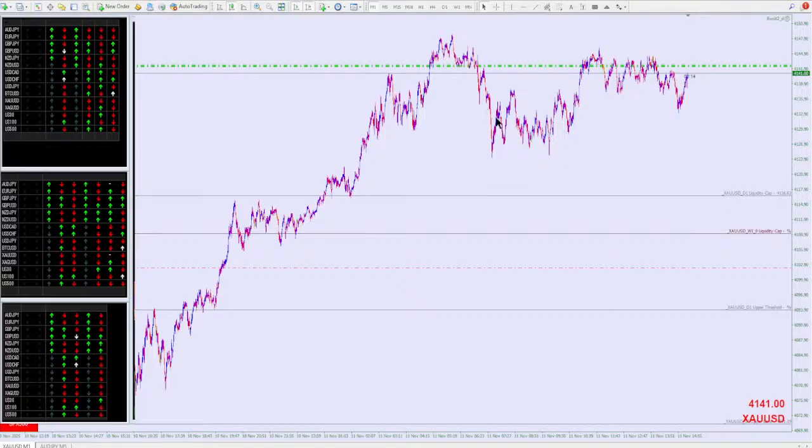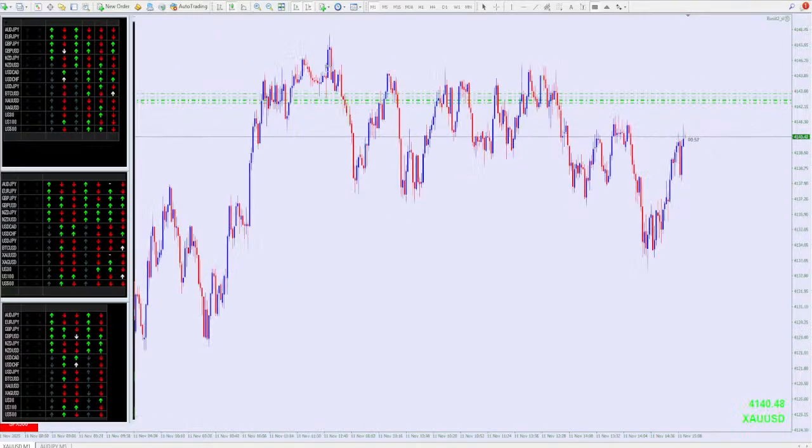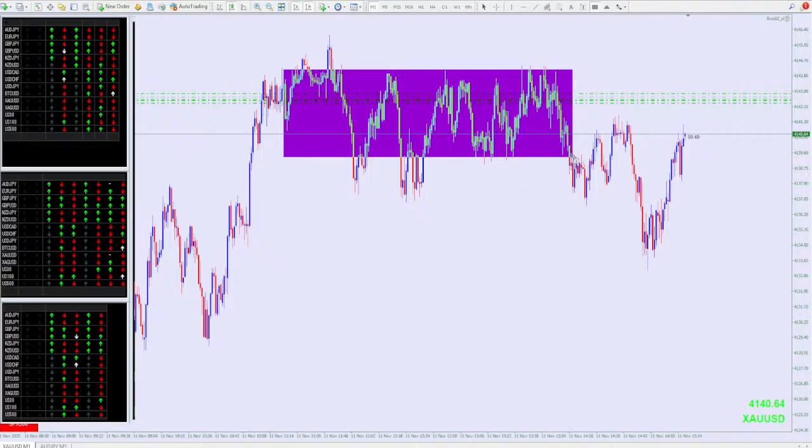It's a short move, and price came back here to regroup and has formed a zone. Where's that zone that I saw? Okay, it's here. I'm going to cook it from here. Yeah, that's the zone.